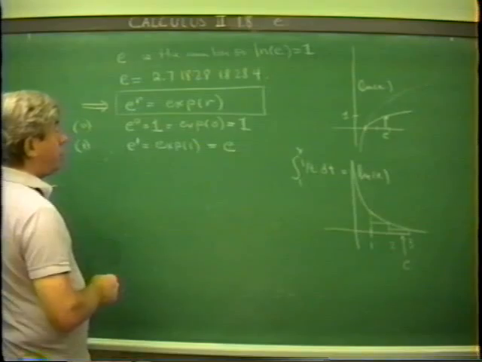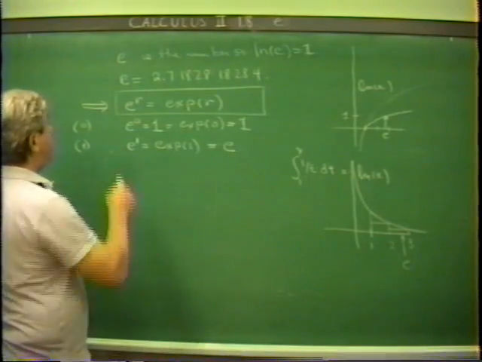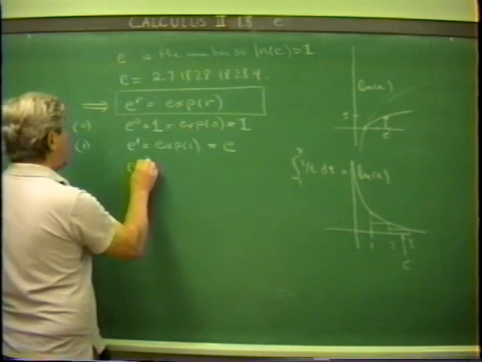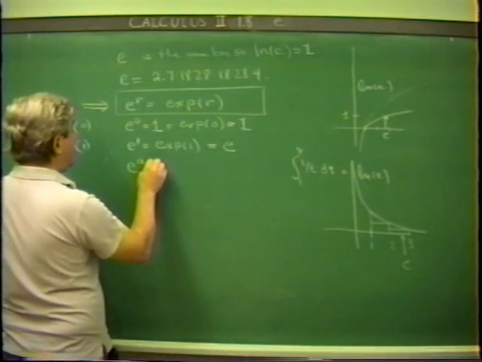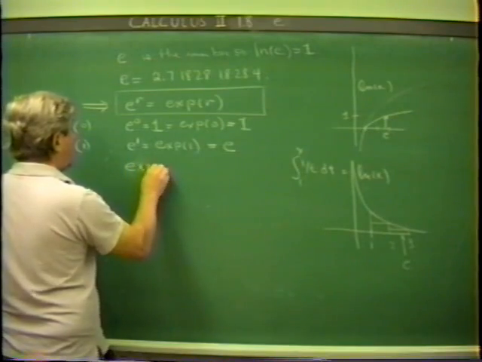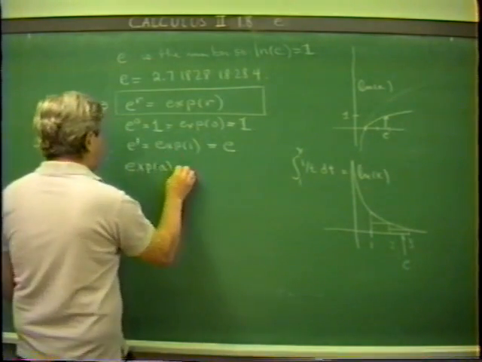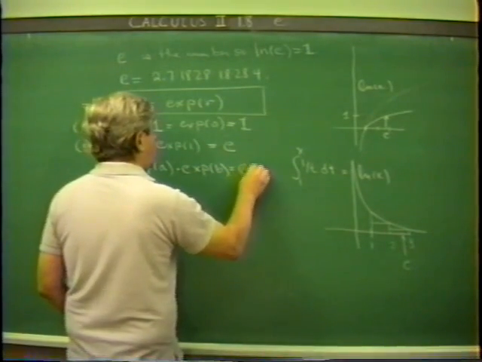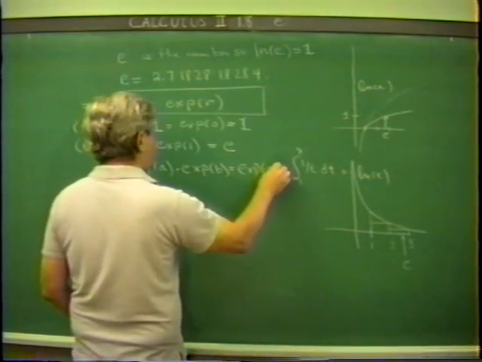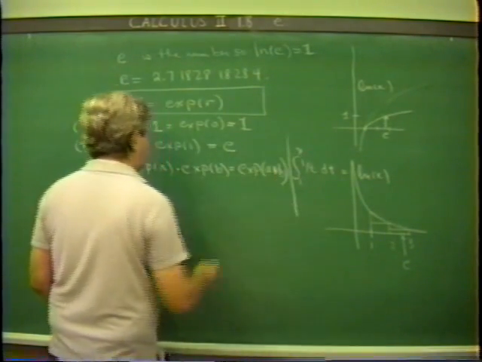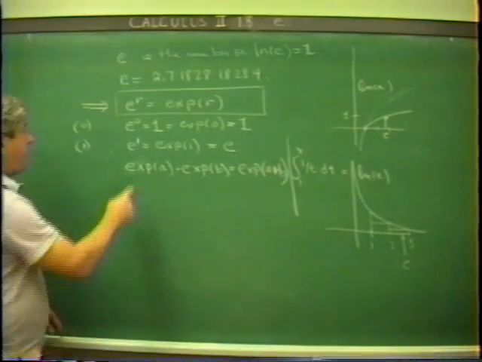All right. What we want here is a rule to continue this. That's to say, what we want to do is to see that exponent of a times exponent of b is equal to exponent of a plus b.